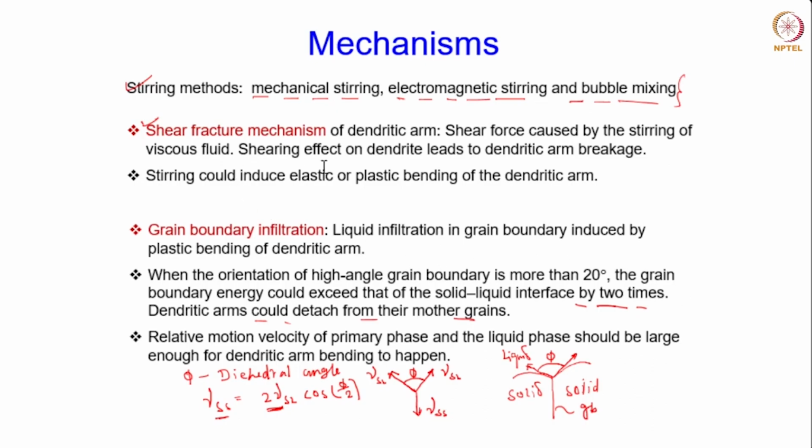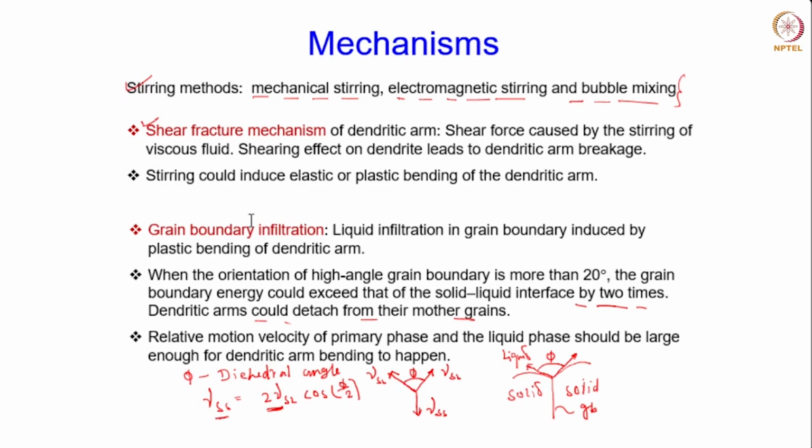The shear fracture mechanism, for example, leads to breakage of the dendrite arms, and when that happens, the dendrite is broken into smaller fragments, leading to grain multiplication.